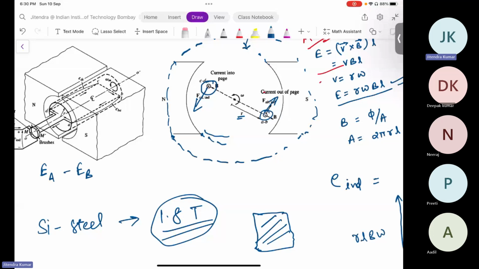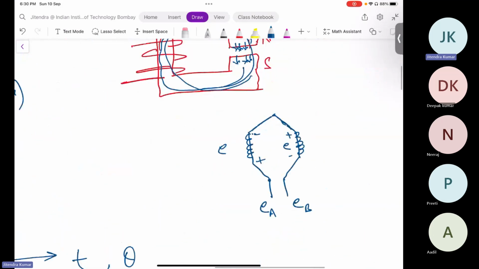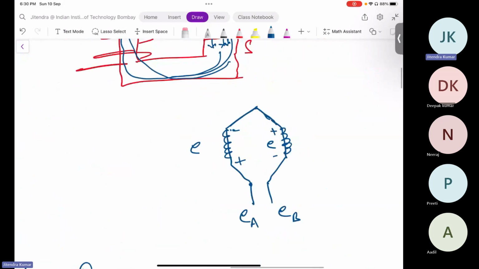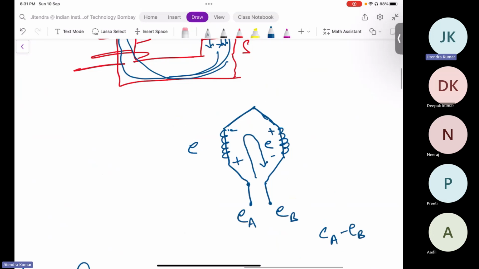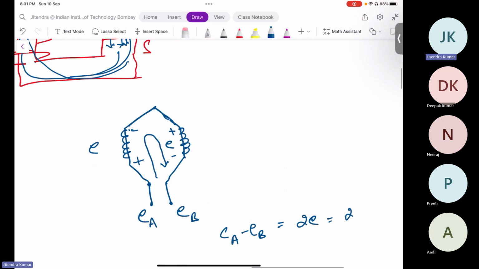If you take the dot product or cross product, you will get the polarity, and you will solve it in the problems also, so that you will get better clarity. So this is connected to the brushes, and at the brushes we are collecting both EMFs. So EA minus EB will be equal to 2E, which is 2RL omega B.